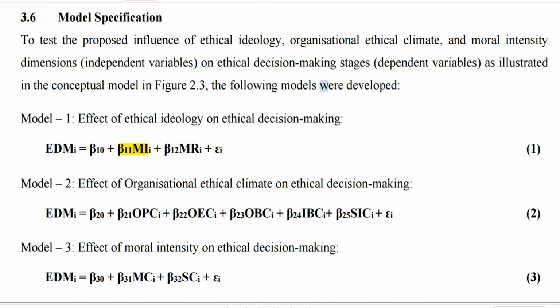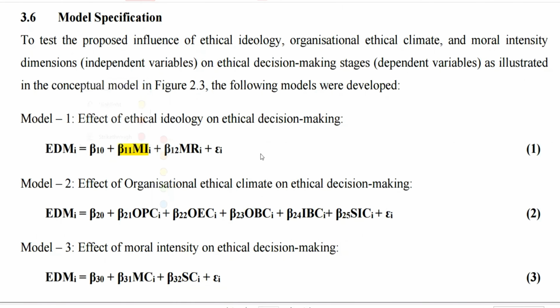So you can easily, freely, even just say EDM is equal to MI plus MR, meaning that you are saying these two variables affect the dependent variable. The one on the right is the independent variable, the one on the left is the dependent variable. The equal sign separates them. So it's just to state the model, and that's all.